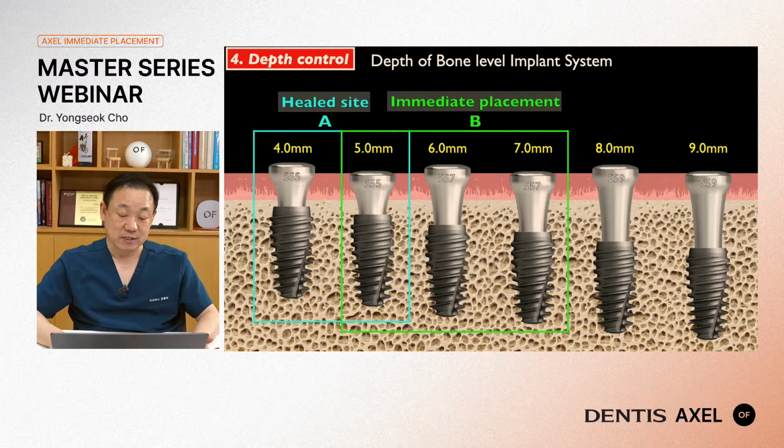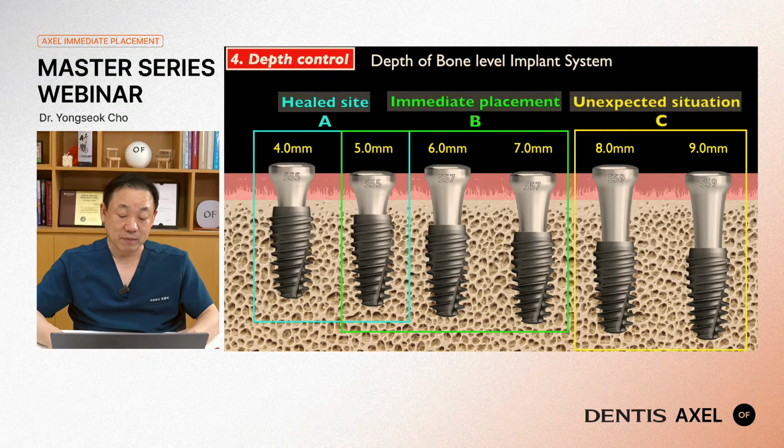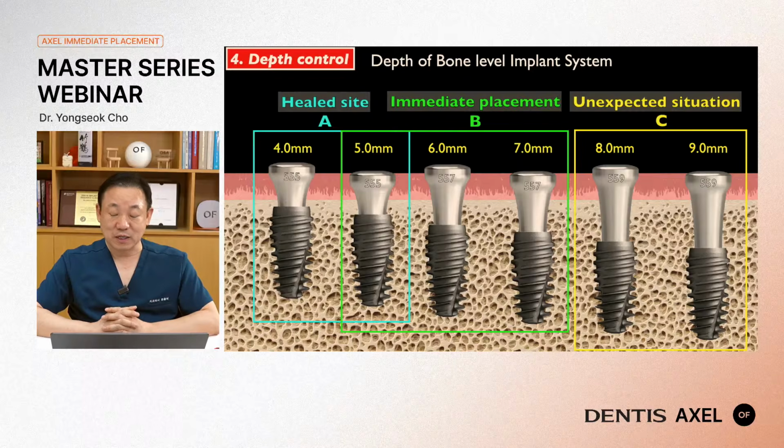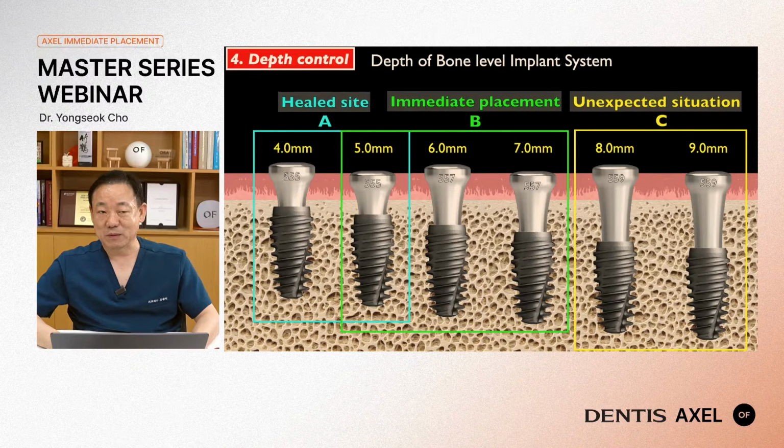Even in such a case, I consider them to be within the acceptable range, and the longest 9.0 millimeter healing abutment can be corrected. If the implant is placed deeper than 9 millimeter, it becomes problematic because no longer healing abutments are available.